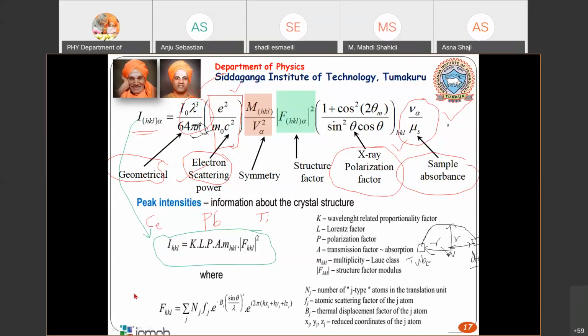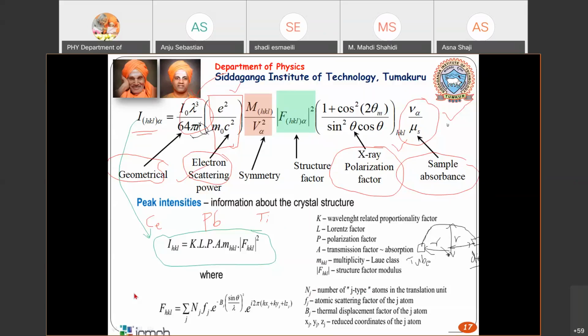If you take a lattice unit cell, for example, let's take this as a unit cell. If I take a very simple example, like a simple cubic, then atoms are in the corners. Now you may have NaCl.